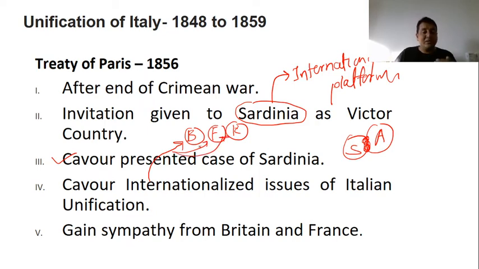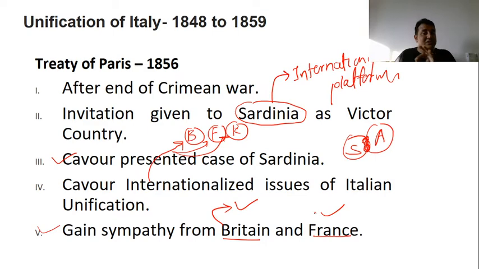When he presented the case, he got the sympathy of Britain and France. Britain directly said, if people want unification, then Britain is with them. Clear? So with the help of that, Sardinia made Britain neutral. What about France? France also had the same sympathy. France said, okay, if people want unification, then they are with them.